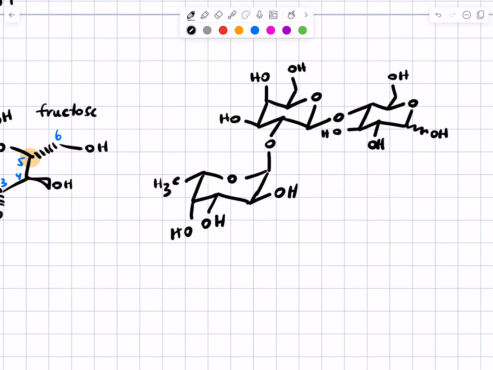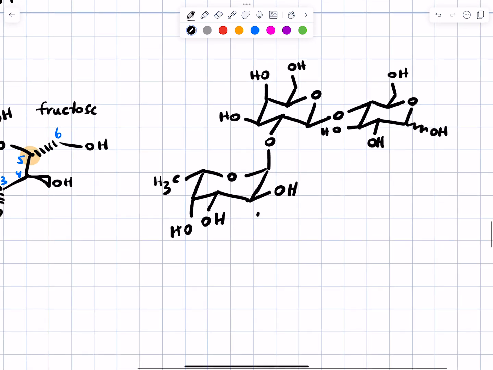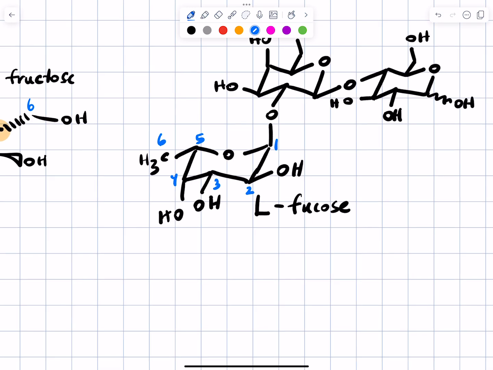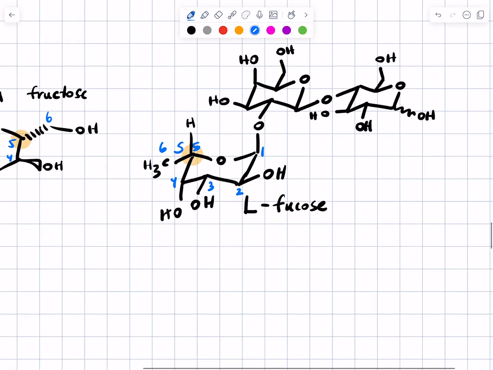So I'll just tell you the carbohydrate that we just drew is called L-fucose. And it's weird because it's one of the only carbohydrates that's got the L configuration. If we assigned stereochemistry at its C5, you would see that the stereochemistry is S. So that's opposite what is expected for the other carbohydrates that we've dealt with.